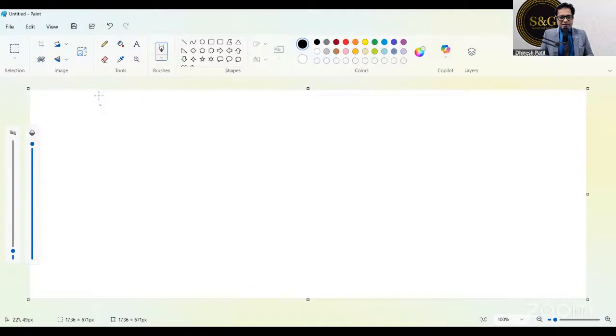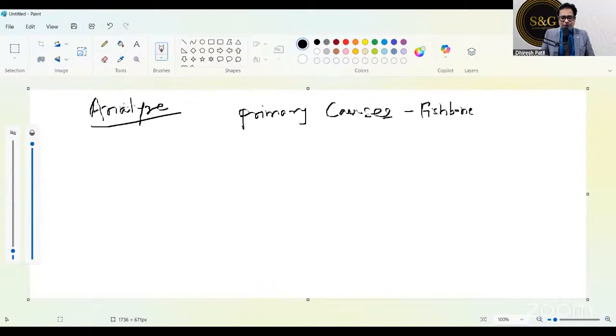In the analyze phase, which we call PRIME, we use it to identify the primary causes, right? Then we go for root causes, which is nothing but root cause analysis or why-why analysis.